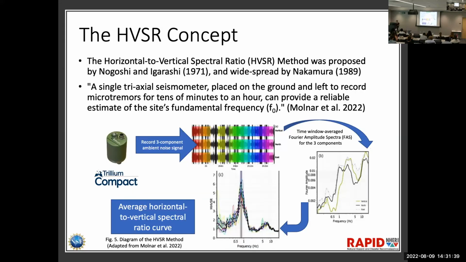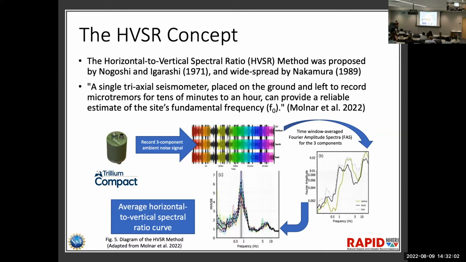So the way HVSR works is it records these ambient vibrations using seismometers. This is a picture in green on the left. It records a 3-component ambient noise signal. From there, we take the time window average of the Fourier amplitude spectra for each directional component.